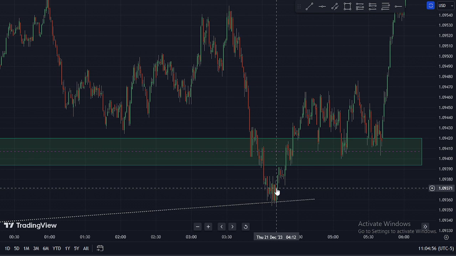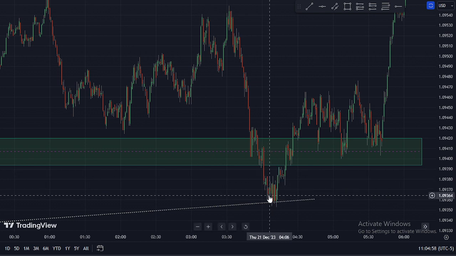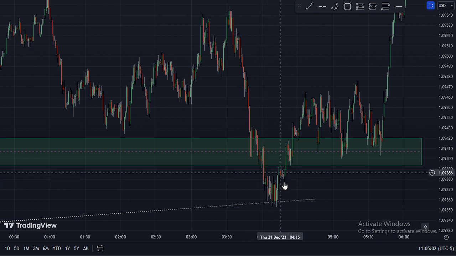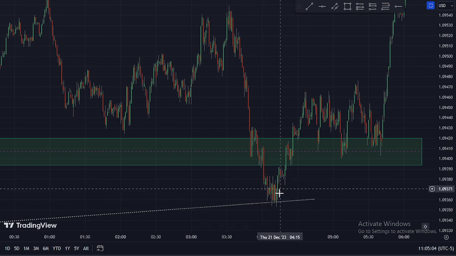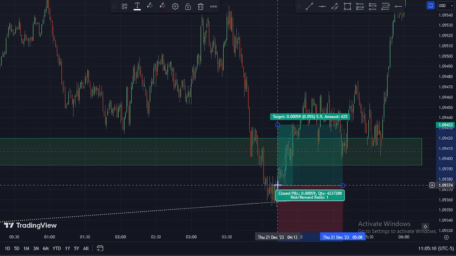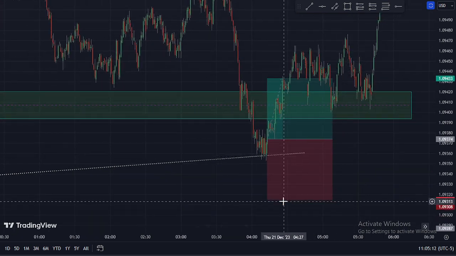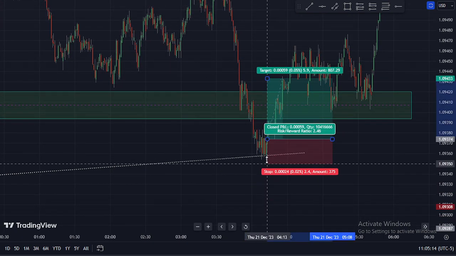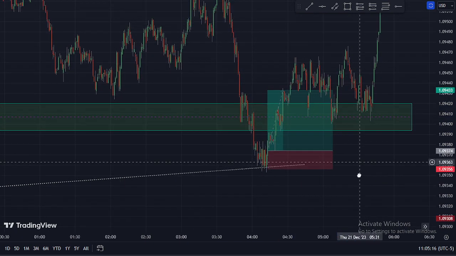You could have gone long inside. You had a swing high right here, and this took out that high, and then it left us a fair value gap right there. So that will be your entry, and then your stop placed right there.